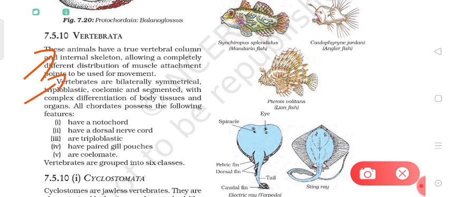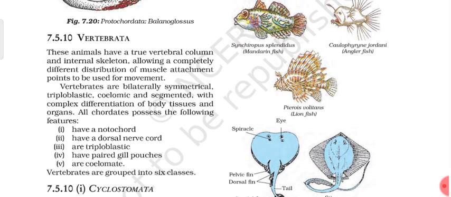Vertebrates are bilaterally symmetrical, again they should be bilaterally symmetrical. They are triploblastic. They have a true coelom cavity. Their body is again segmented with complex differentiation of body tissues and organs, and they have all the features of phylum Chordata, right?